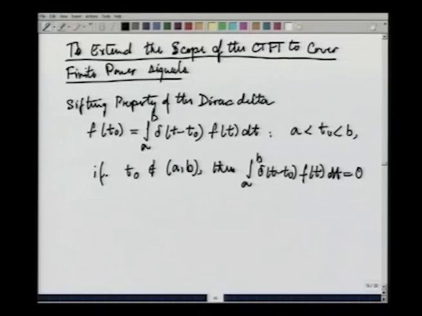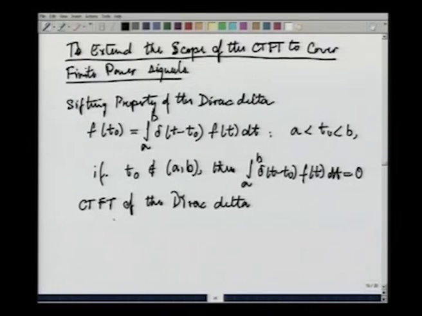Suppose we ask the question, what is the Fourier transform of the Dirac delta itself? Does the Dirac delta have a Fourier transform? The sifting property of the Dirac delta can be used to find its own Fourier transform.